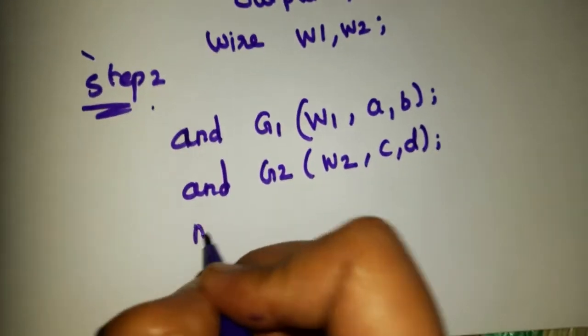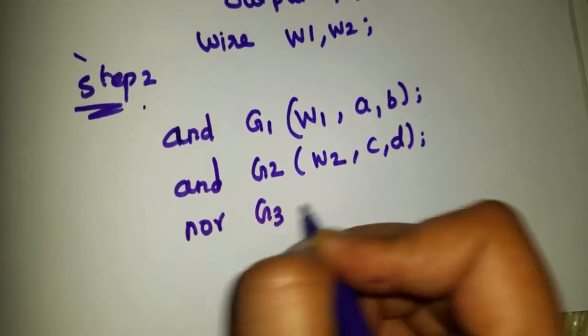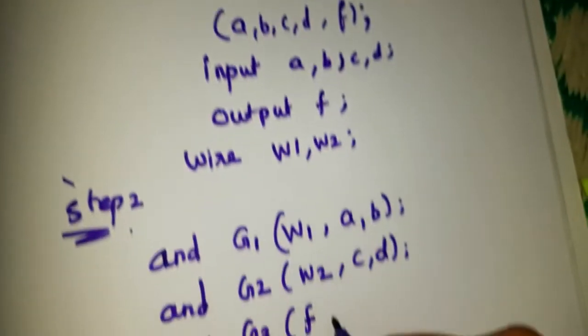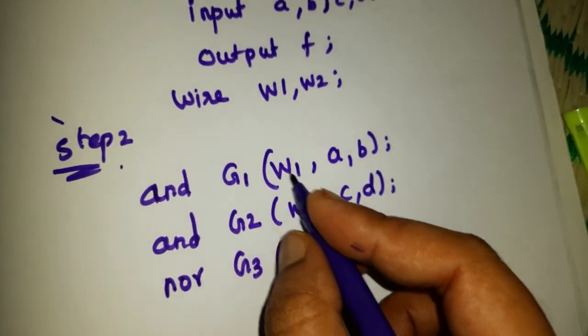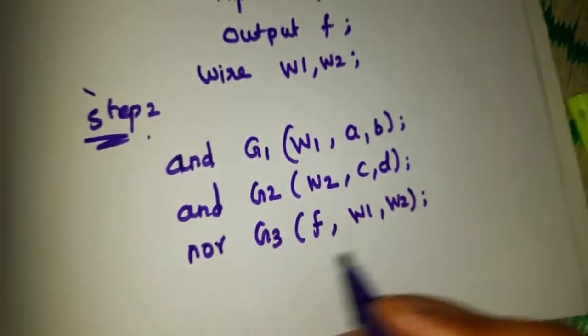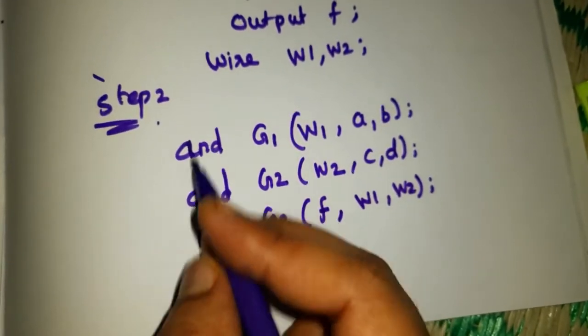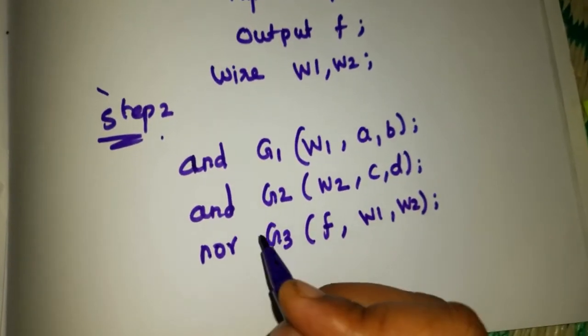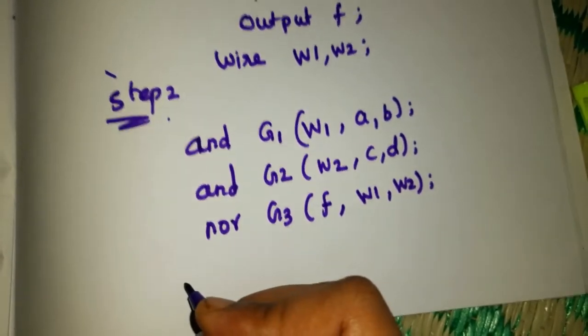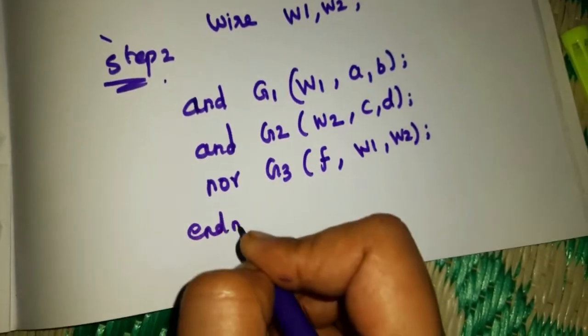I use the NOR gate: NOR G3, where the output is directly F, and the inputs are W1 comma W2. Now we have defined all the gates involved in the circuit, so we end this module. We start with module and end with endmodule.